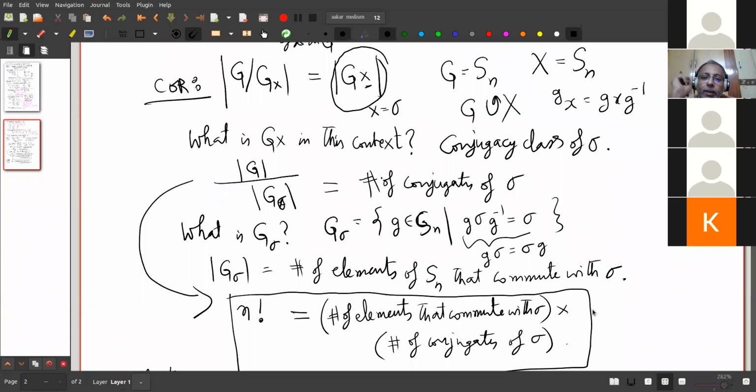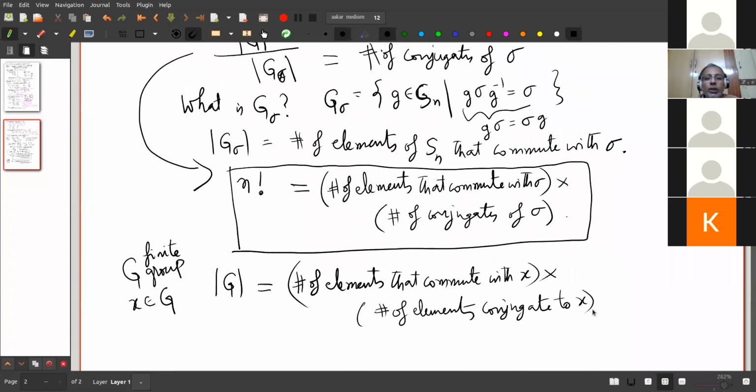But the point is this. See, you can perhaps do it directly, but look here. This is a general relationship between those two objects. What commutes with X, as Annamalai called it, the centralizer of X, all those elements that commute with X on the one hand, and the conjugacy class of X on the other.